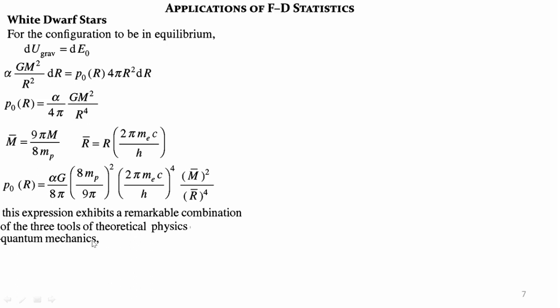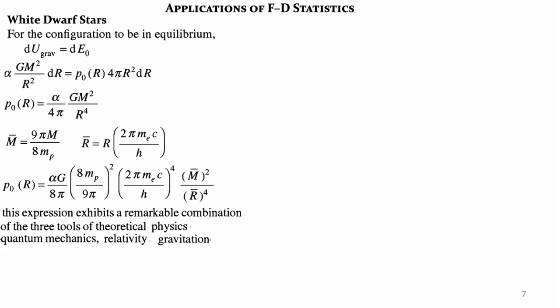And why is it required in white dwarf stars? Because the electrons are so closely packed inside the system that they have to be treated quantum mechanically. Second ingredient is relativity. The particles are moving at very high speeds, so we also have to bring relativity into the picture. And the third thing is gravitation.